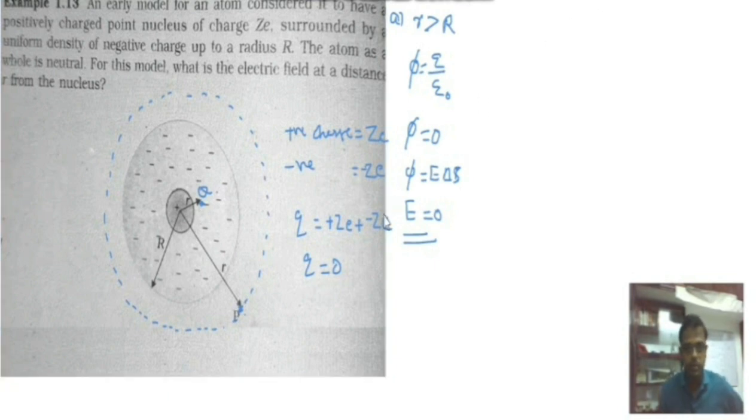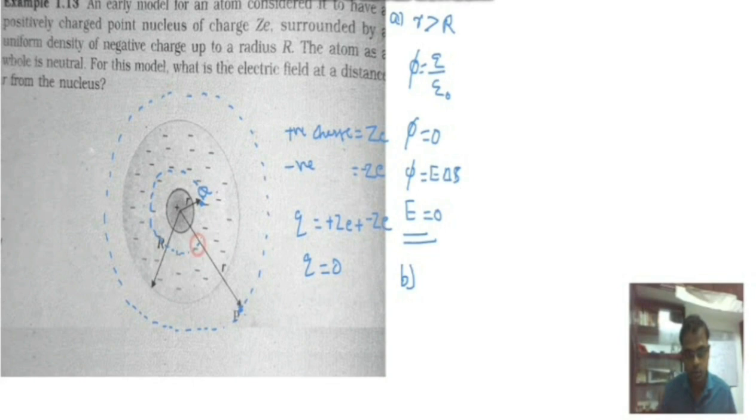Alright. Now look at the second question. The point Q is inside the atom. If you want to find the electric field intensity at the point Q, once again you construct a closed surface.